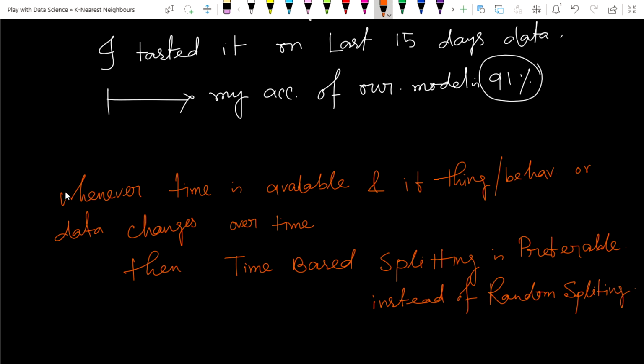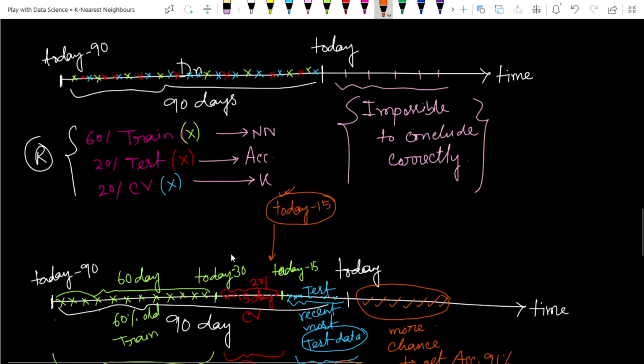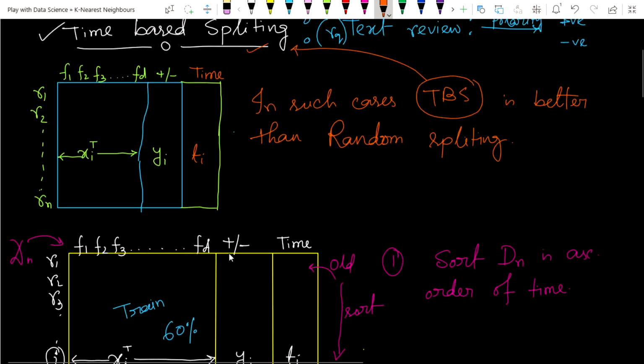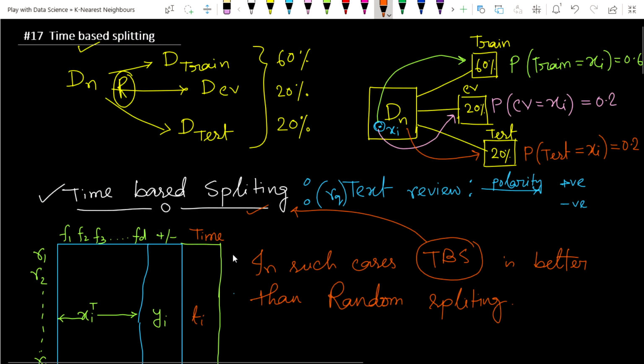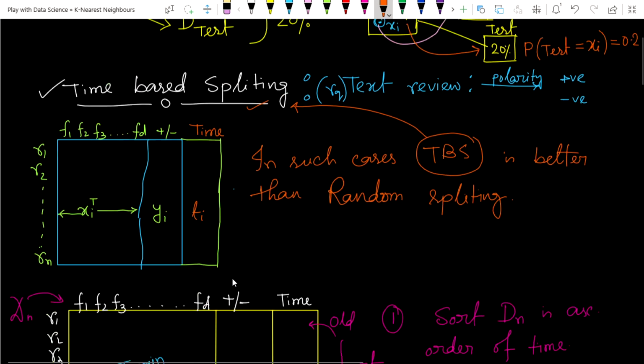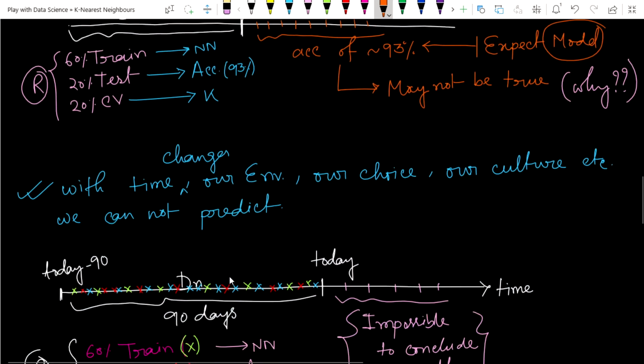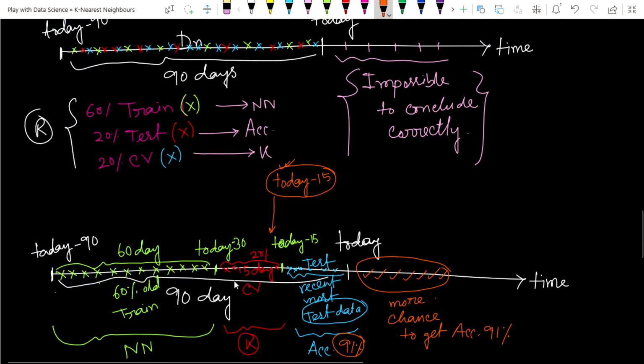I think this idea is now clear: when, why, and how this actually works for unseen data. This thing happens in the natural world. Data does not depend on ourselves. Data totally depends on our environment, our psychology, our mentality, how our future will come, how we behave in our society.